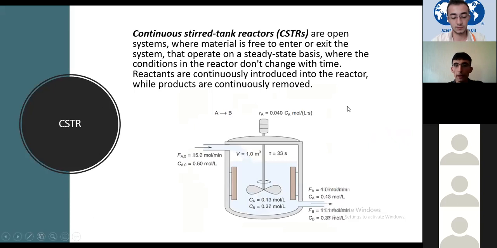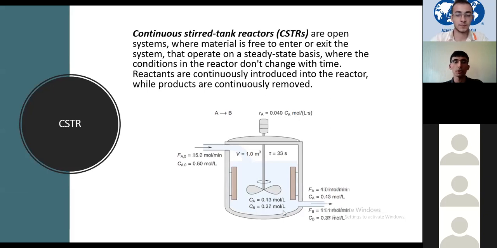Okay. Now we are on the reaction section. In the reaction section, I decided to talk a bit about different types of reactors, the only ones that I have experienced. The first one is CSTR. You might have heard this name. It stands for Continuous Stirred Tank Reactor.